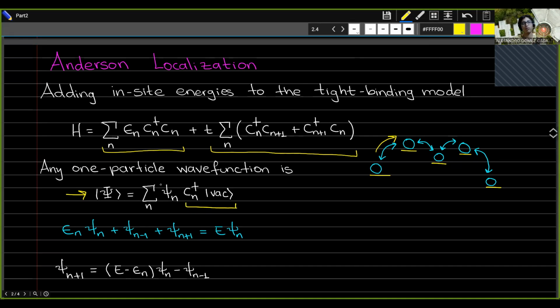So given this general form of the one particle wave function, we can propagate the Hamiltonian. We can just solve the time-independent Schrodinger equation, which is this. After applying the Hamiltonian on the wave function, we can find the following relation, which is a recursion relation between the coefficients, so between the probabilities of the particle being at different sites.